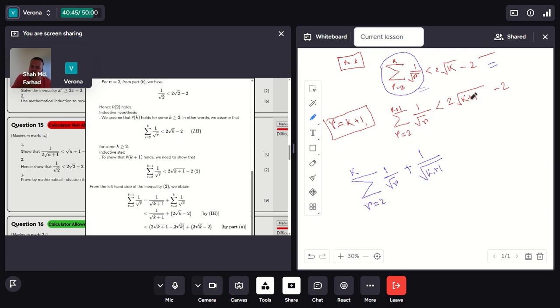And in the right side we also have to add this. That means 2 root k minus 2, then plus 1 over root k plus 1.